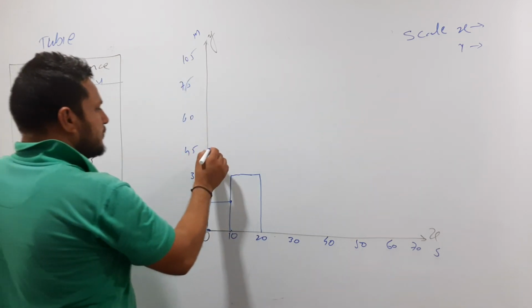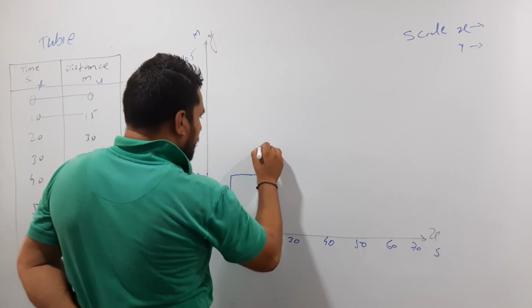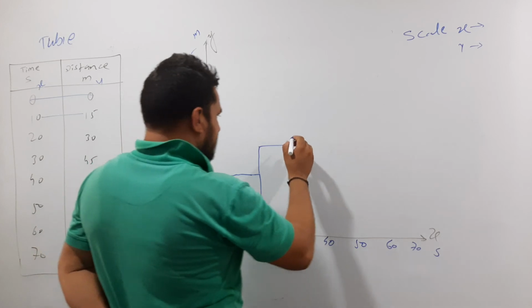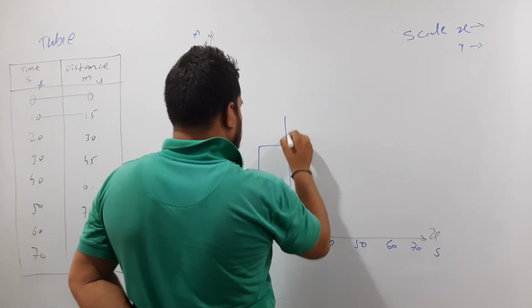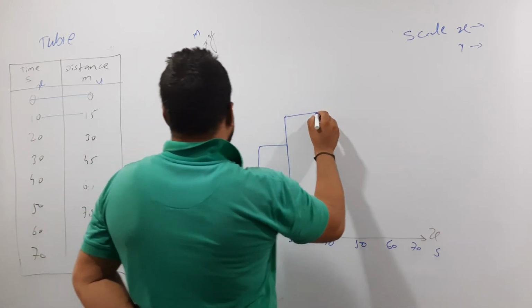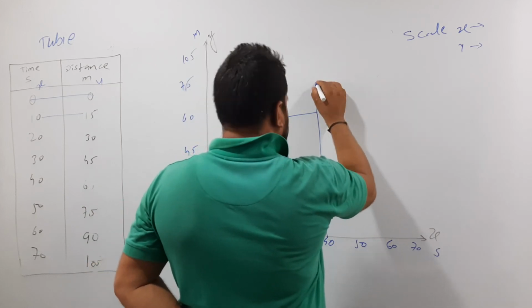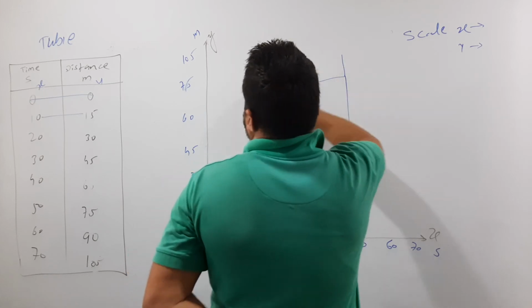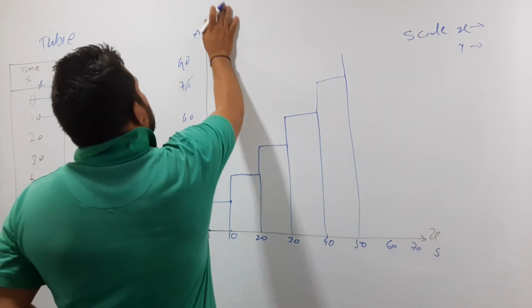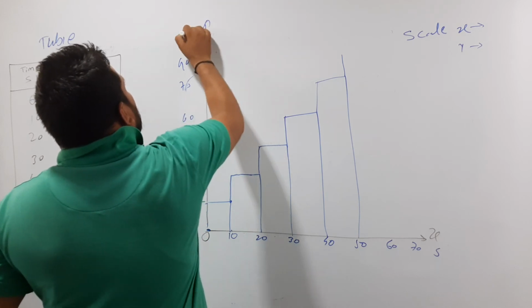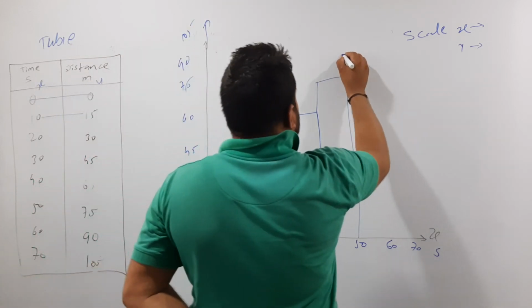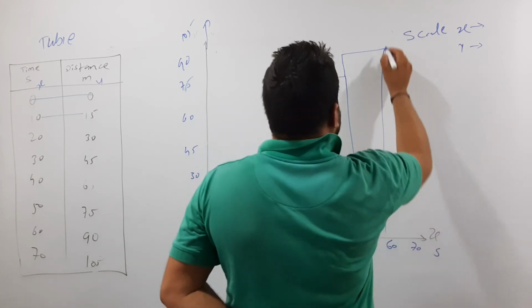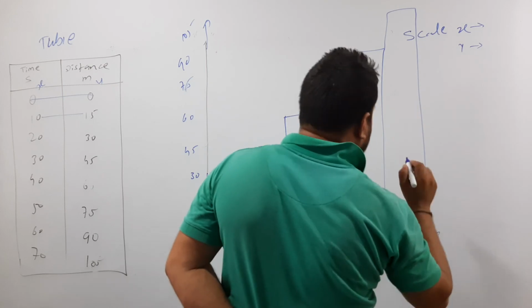Next is 45 to 30. Then 60 to 40. Next, 75 to 50. Then 90 to 60 and now 105 to 70.